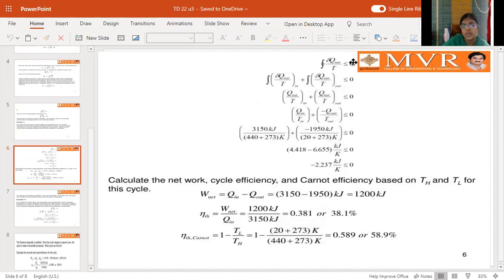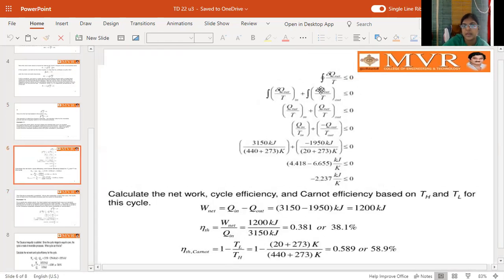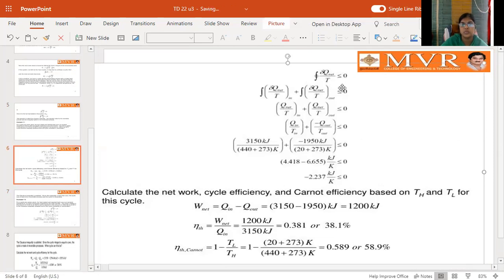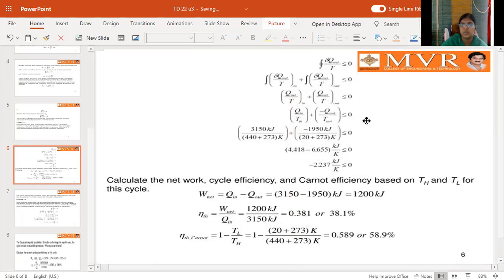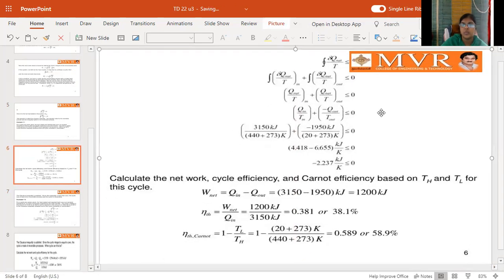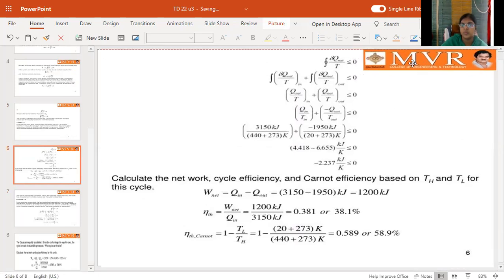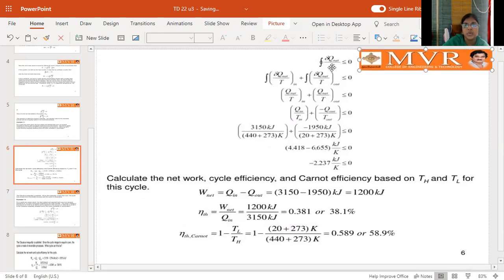What do you know about the Clausius inequality? The cyclic integral of del Q net by T is less than or equal to 0. This is what we call the Clausius inequality. Why do we take Q net? Because we have two heat transfers.